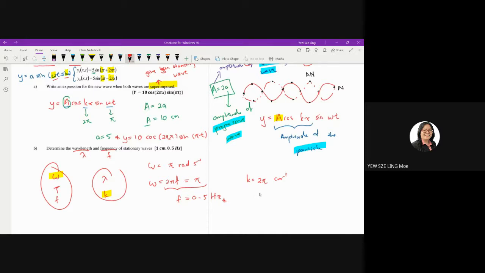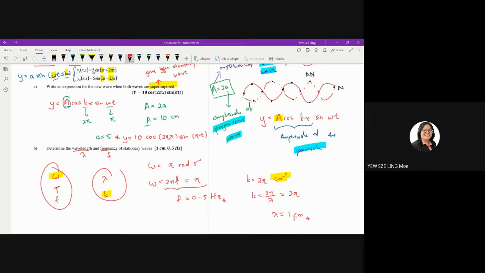The relationship between k and lambda is that k equals 2 pi over lambda, which is then equal to 2 pi. Rearranging the equations, you have lambda equals 1. Because your k is in terms of cm negative 1, lambda would be in terms of cm. So this is the answer for question B. So that is how you solve it.